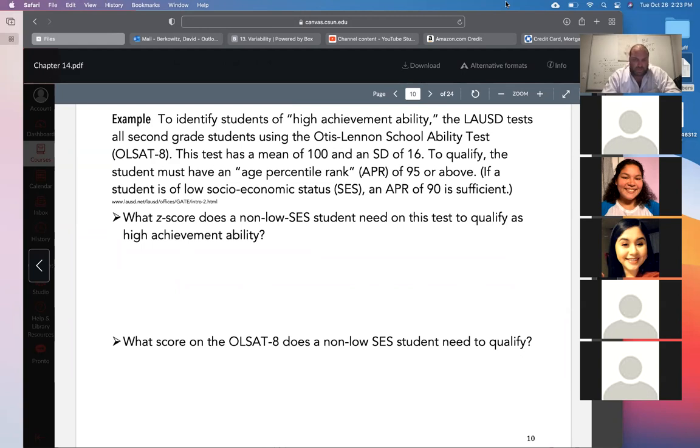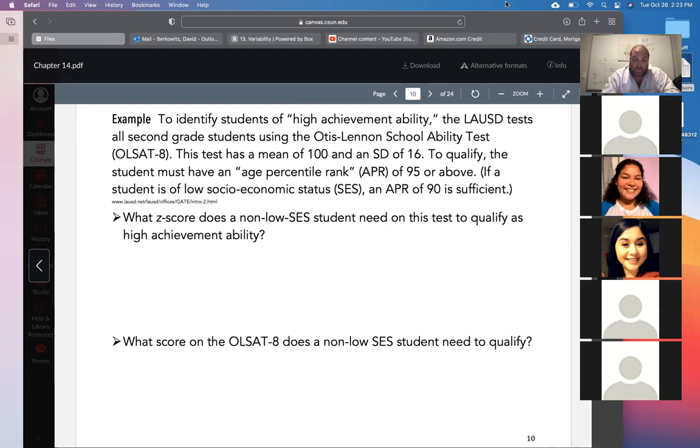All right, example. To identify students of high achievement ability, the LAUSD tests all second grade students using the Otis Lennon School Ability Test, the OLSAT 8. Not sure what happened to the first 7, but this is the OLSAT 8. This test has a mean of 100 and a standard deviation of 16.